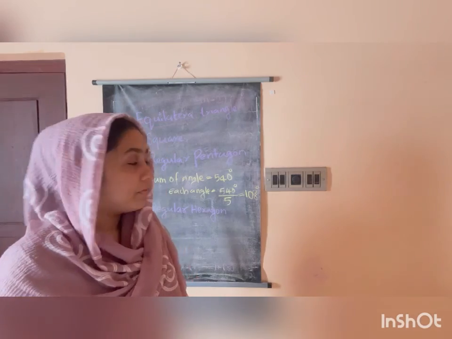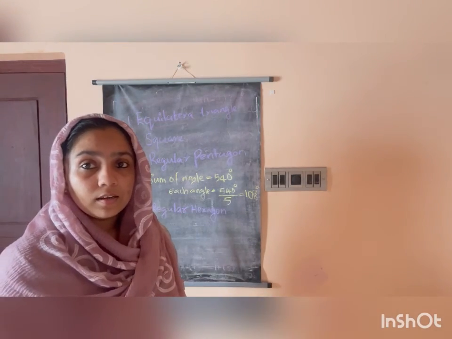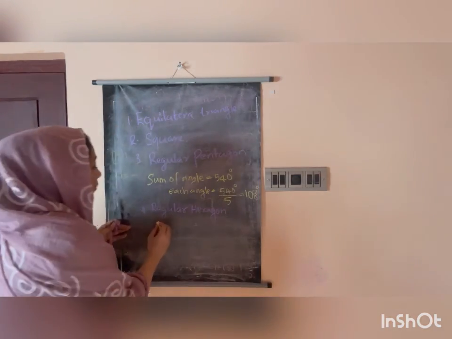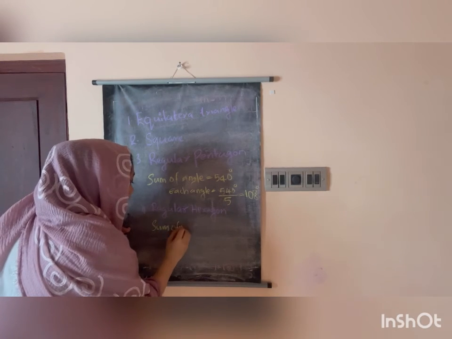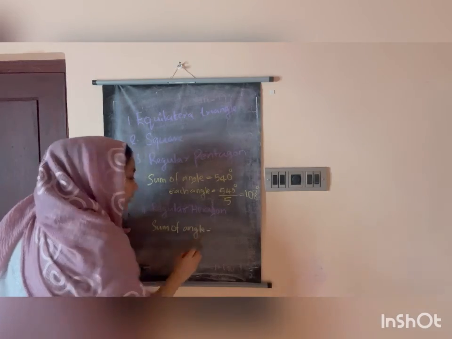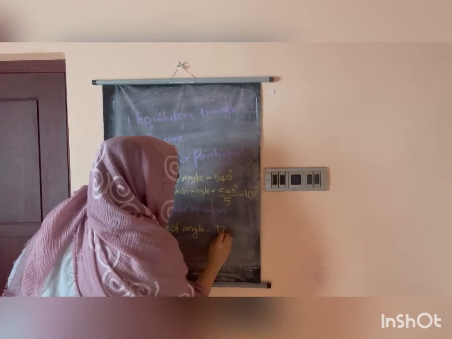How will we find it? Here we find each angle of a hexagon now. What was the sum of angles of a hexagon? Remember? Yes, 720 degree.